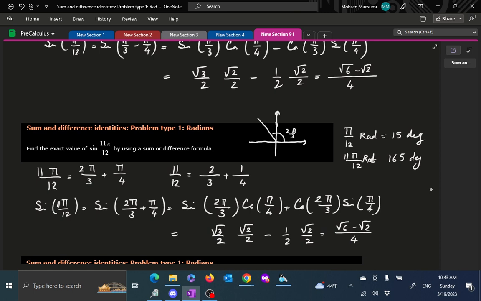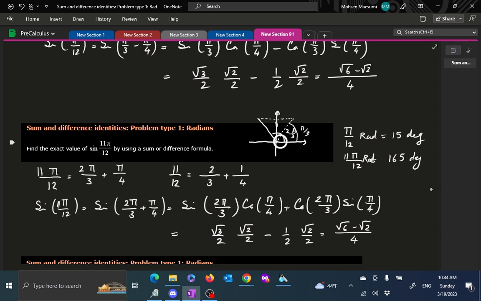So cosine of 2 pi third, let's apply the reflection identities. I go for cosine, take a reflection in the y-axis. When I come to this side, this angle now is going to be pi third.